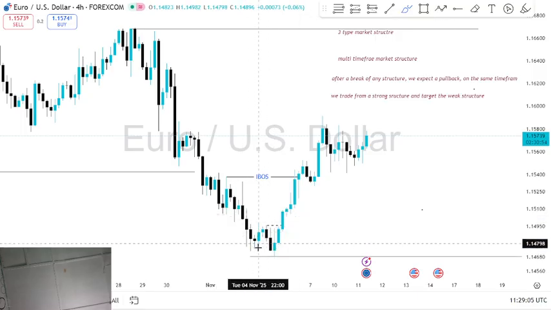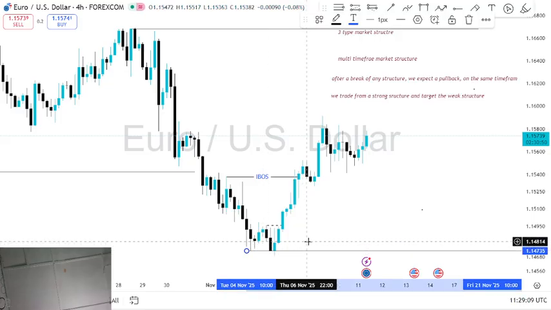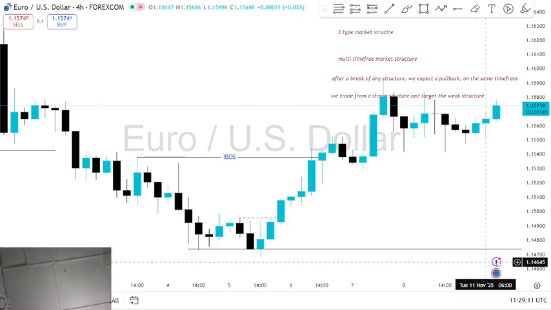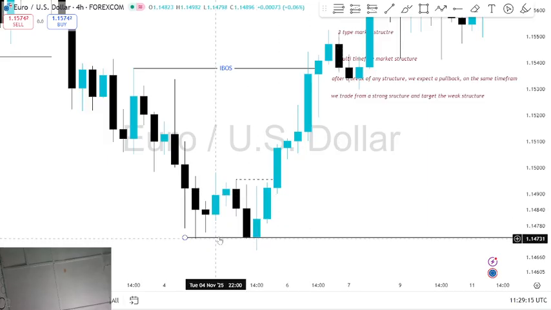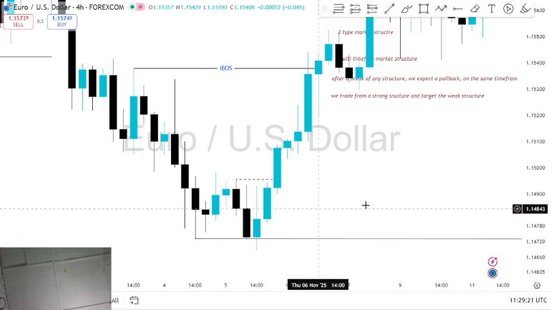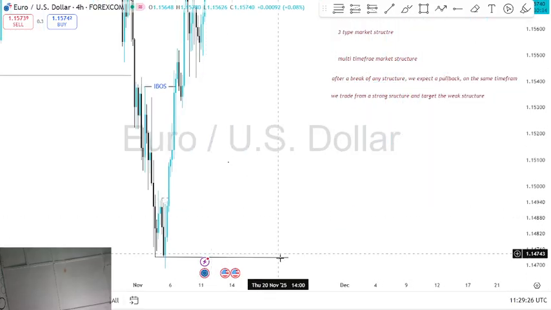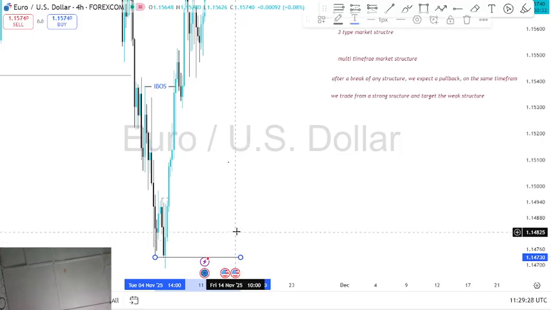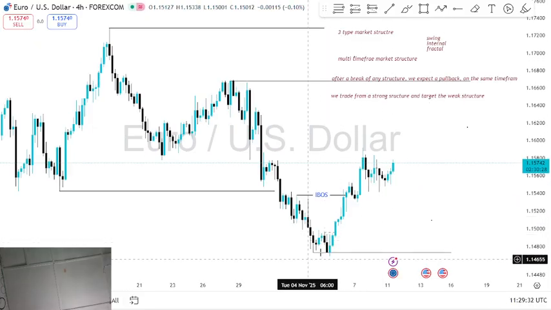because after a break of internal structure, we are expecting an internal pullback. Looking at what is happening here, price didn't really break. Price didn't break the low.